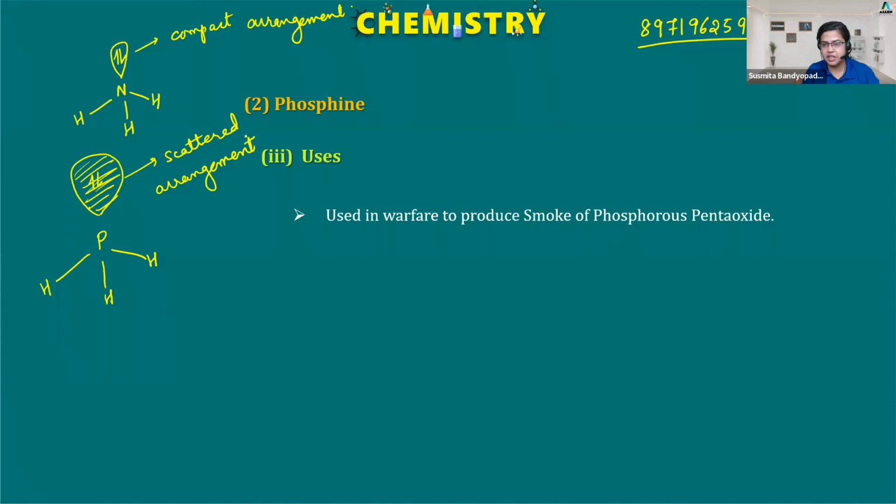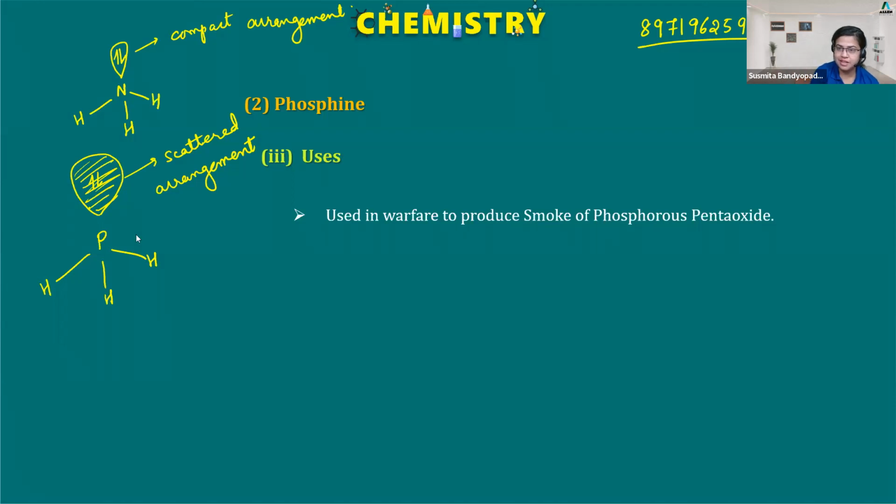It's a very scattered arrangement, so the availability of the lone pair is more compact in nitrogen. You know for sure the person is sitting here. Here it's more scattered, so its donation ability will be comparatively less. Ask Nandana if it's still not clear. The lone pair is present in a particular orbital with a very compact arrangement, so it will just do its work.